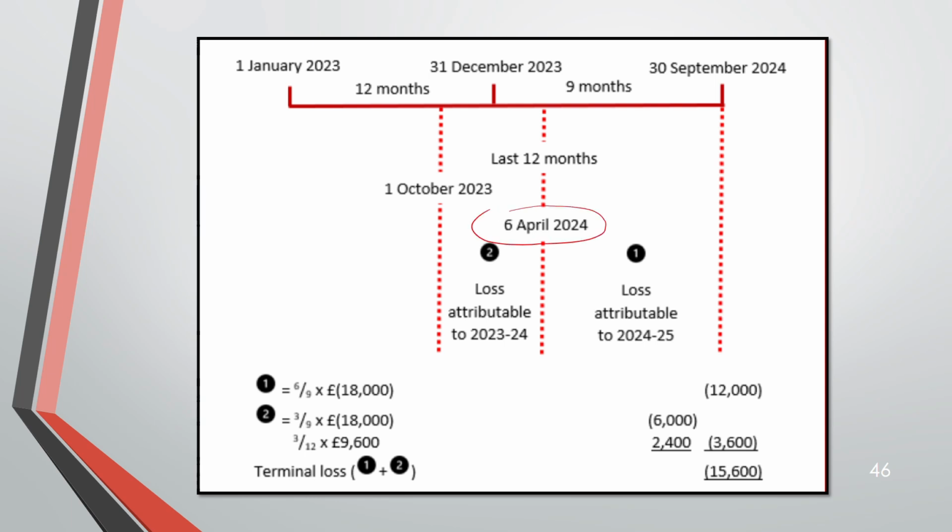From April to September, it is a 6-month period. But if you take from January to September, it is a 9-month period. So that's why it's 6 over 9 into that 18,000 loss. Here also 3 over 9, the balance.